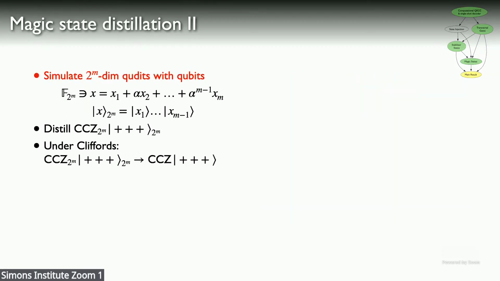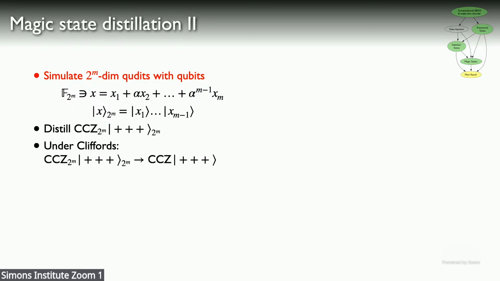So what this extension field structure allows us to do is actually to simulate these qudits with our qubits. So in particular, if I have an element in this extension field, I can write the element in terms of coefficients that are in the base field times some element in the extension field.